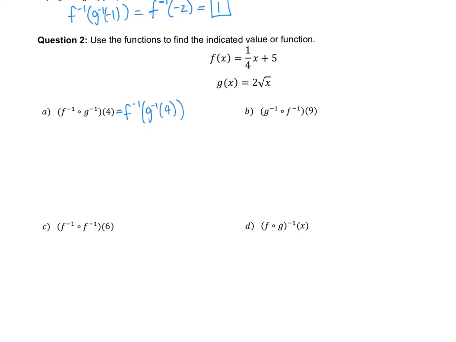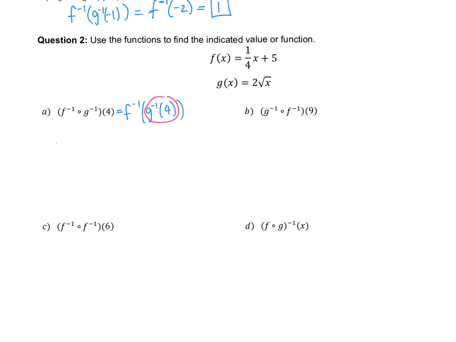So first off, I am going to start off with finding this here, g inverse. So if I were to do that, remember, this here is our y value. This g means that if this is our y value, that would mean I would have y, but I need to find the x.